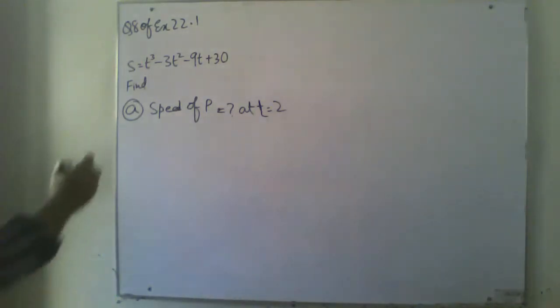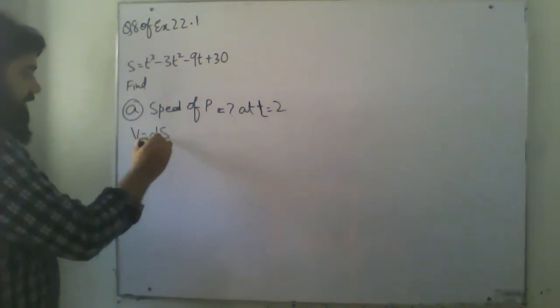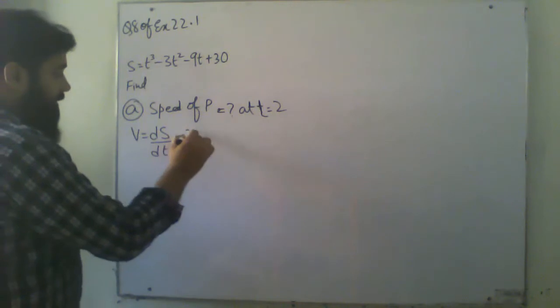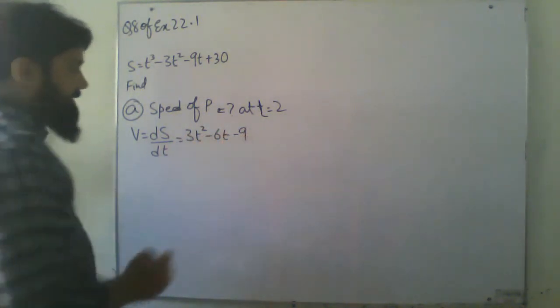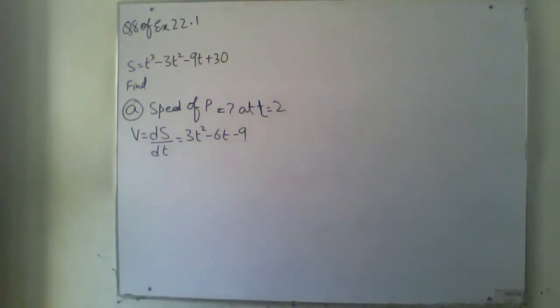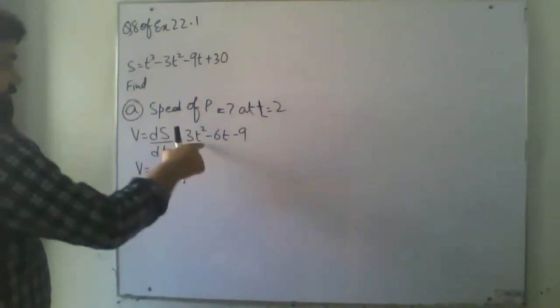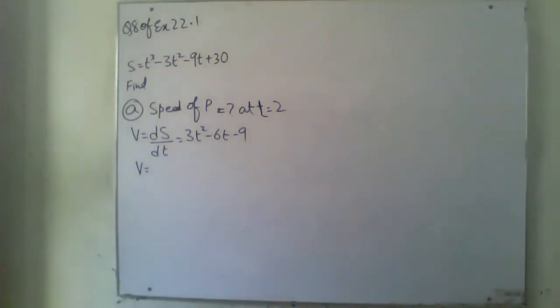So we know that in order to find speed or velocity, I have to differentiate s with respect to time, and this will become 3t square minus 6t minus 9. Velocity equals 3t square minus 6t minus 9.